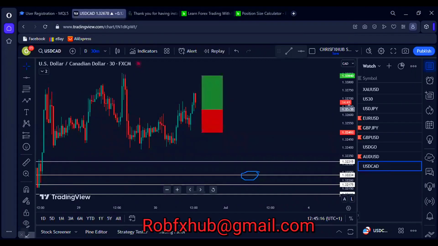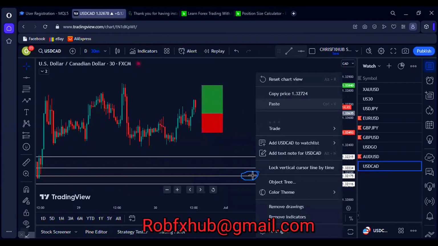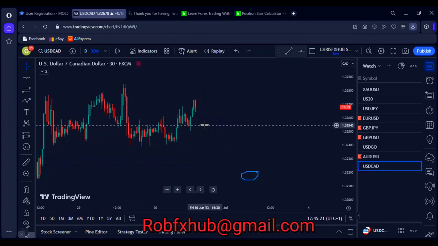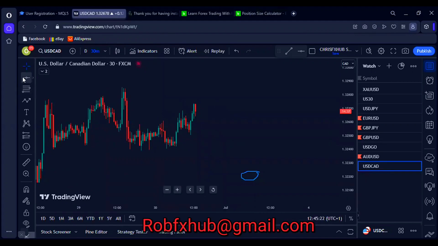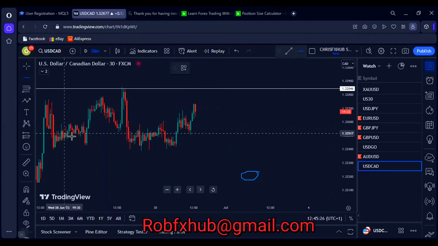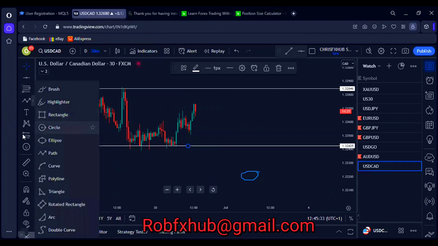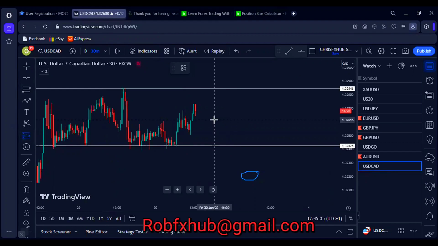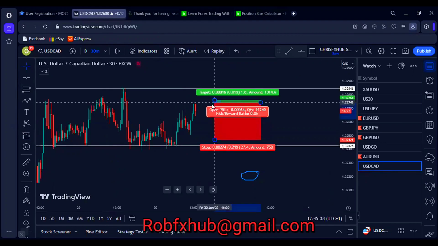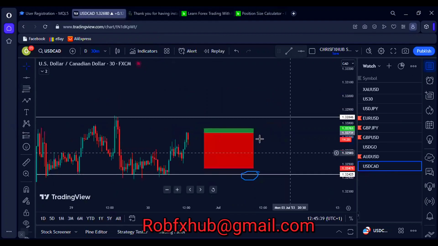Okay? Let's do USD CAD. I just want to show us something so that we don't get confused when we come across it while trying to do the calculation ourselves. Let's say we're entering here.